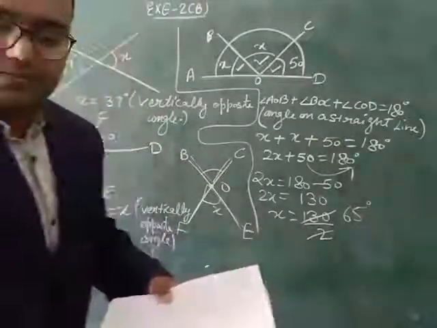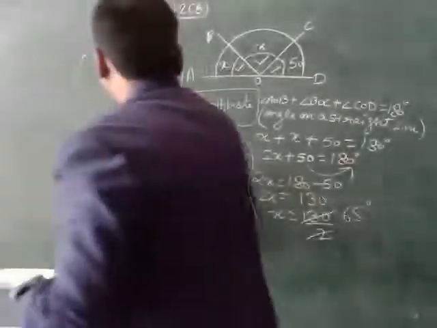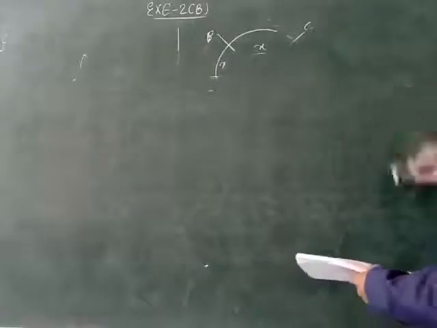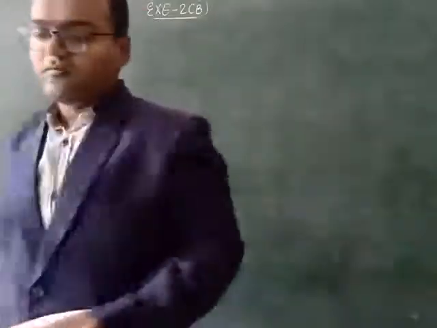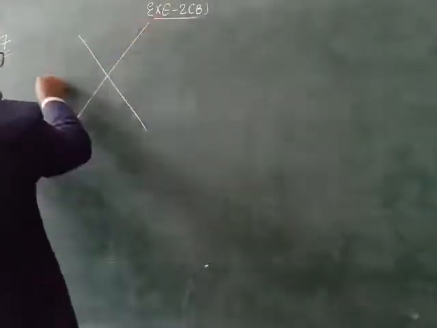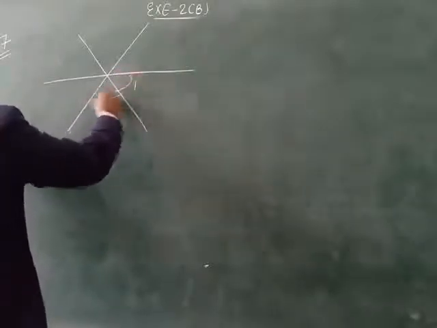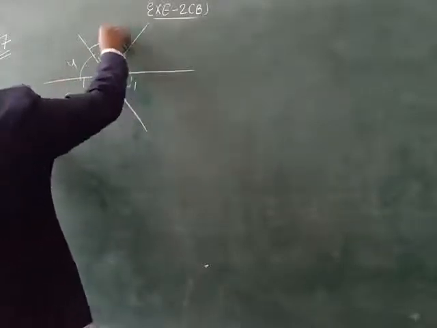Now see another question. Question number 7. The seventh question. The figure is given, with angles labeled 1, 2, 3, 4. Here it is given 70 degree.